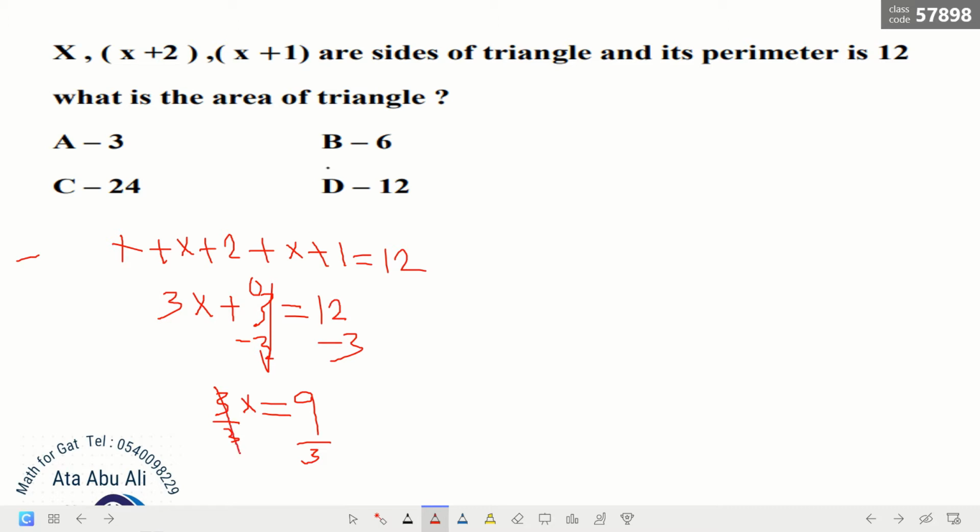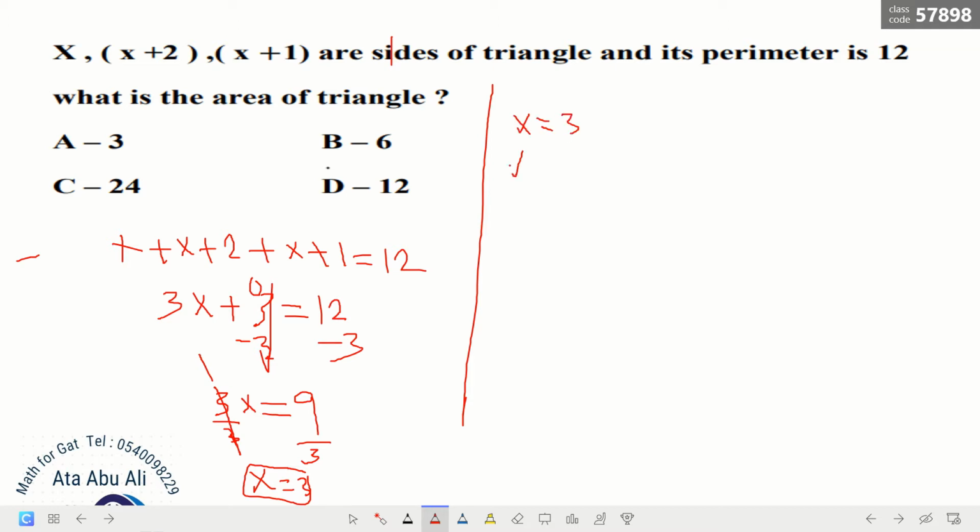3 divided by 3 is equal to 1. So here x is equal to what? 9 divided by 3 is 3. Now I found x. Now let's find all the side lengths. Here x is equal to 3. This is the first side, the smallest one.